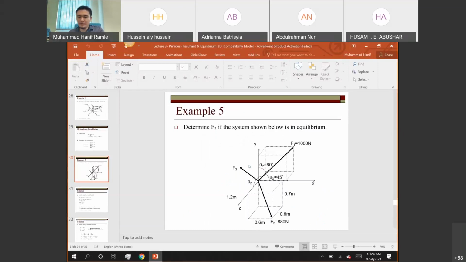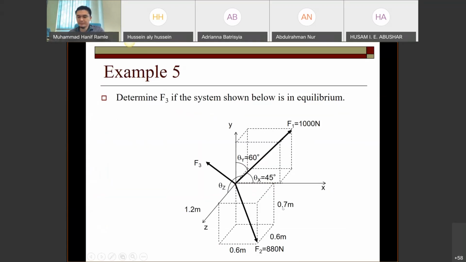Yes, negative 0.7 for dy. dz 0.6 is correct. So what is the value for d? d is equal to 1.1. Yes, correct.